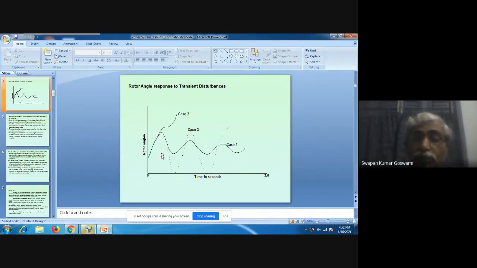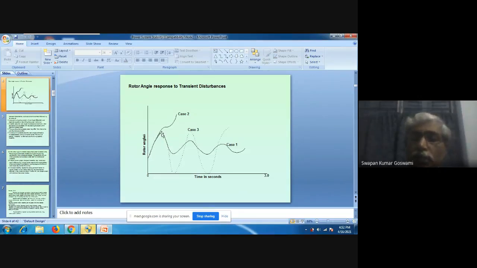That means you have to solve this differential equation to obtain the value of the rotor angle as time passes. The solution of the rotor angle will start when the disturbance has been initiated. After that, we will be solving delta with respect to t. Delta is the rotor angle, t is the time. We'll be plotting, or obtaining, the variation of the rotor angle.